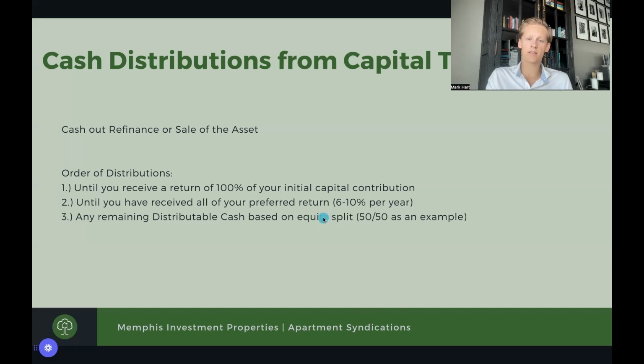And the good part about this is that for a lot of these syndications, once again, they're all different, but for ours, there is no cap on the upside. You have essentially unlimited upside potential. So if the deal just crushes it and we do extremely well, cap rates compress, rents go up, interest rates go down, we're selling these assets in year 5 or year 10.